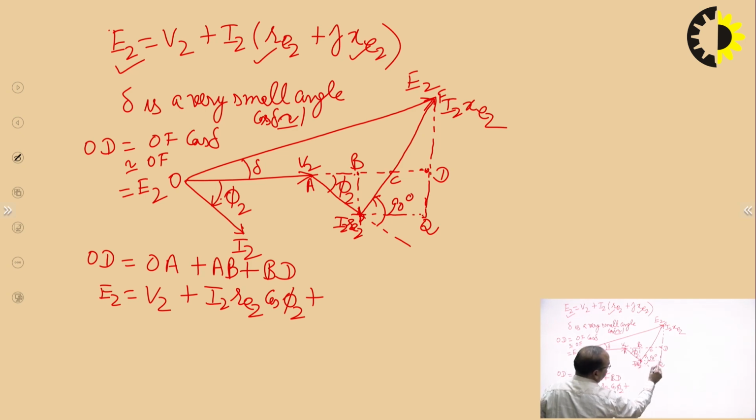From here to here, this is PQ. And from this right angle triangle, we can find the value of PQ. When this angle is phi 2 and this angle is 90 degrees, this angle becomes 90 minus phi 2. And when this angle is 90 minus phi 2, this angle is also 90 minus phi 2. So, this angle becomes phi 2.